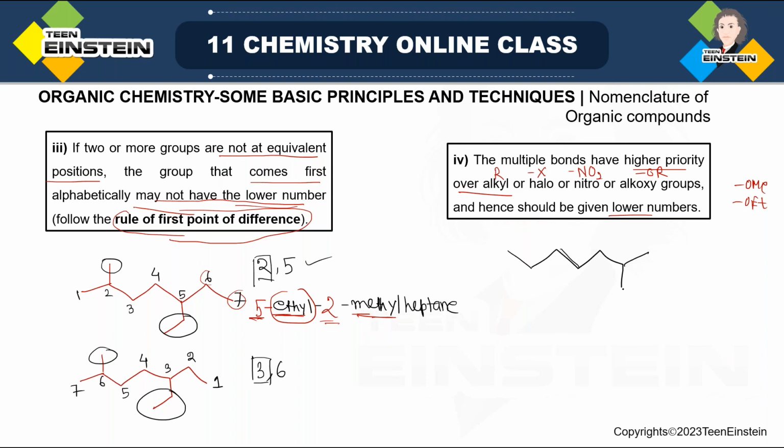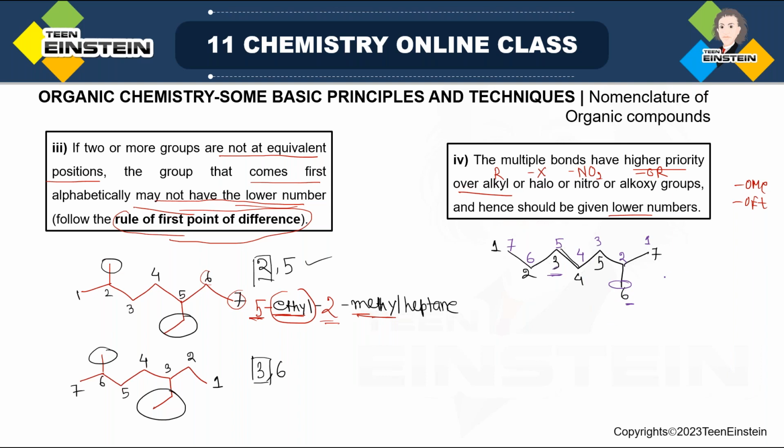Now here I am doing the numbering, suppose from this side 1, 2, 3, 4, 5, 6 and 7. But if I am doing the reverse order, so the first one, that is if we follow the black numbering, then the double bond is getting position 3 and here the methyl group is getting 6.